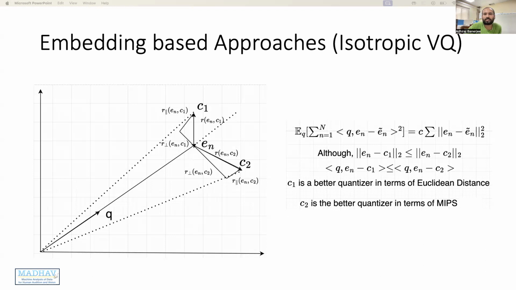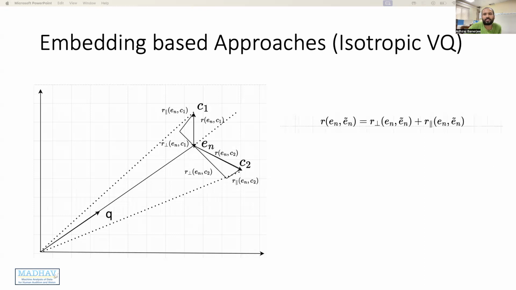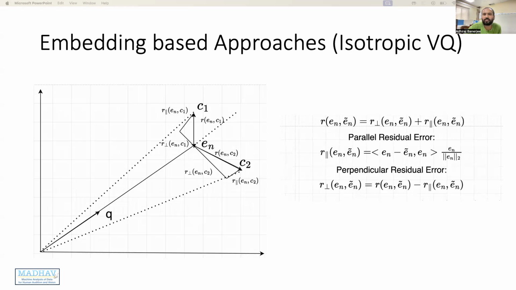Let's do further analysis and see why C2 is a better quantizer. Let's break the residual error into its component parallel to embedding En and its component perpendicular to embedding En. The parallel residual error is just the projection of the residual on the embedding En. The perpendicular error is then just the residual minus its parallel component.